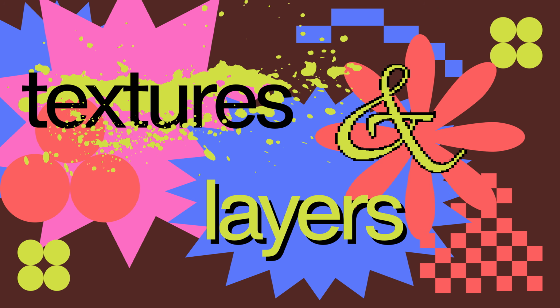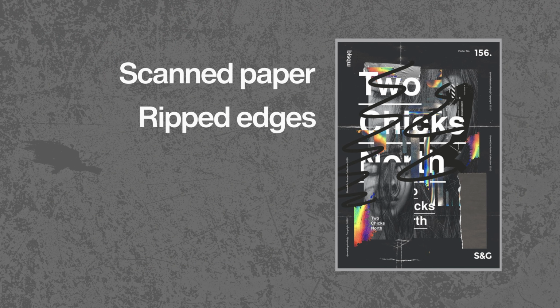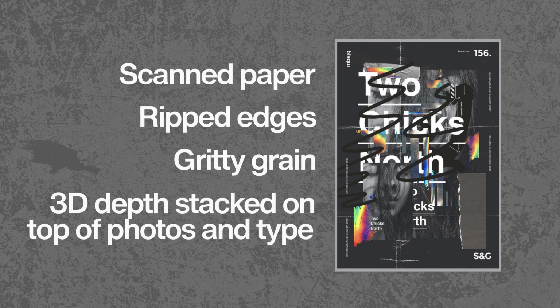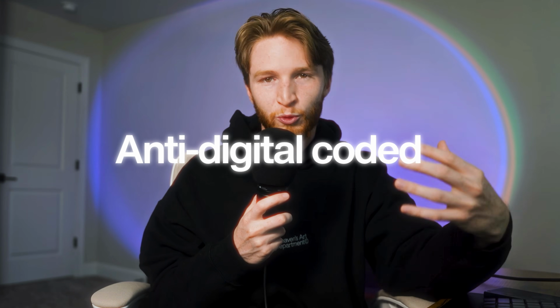One of my favorite parts of maximalist design is the use of textures and layers. This could be scanned paper, ripped edges, gritty grain, or 3D depth stacked on top of photos and type. All of these things, when done well, make it super tactile. It makes you want to just reach out and touch it, even though it's on a screen. Everything feels anti-digital coded.